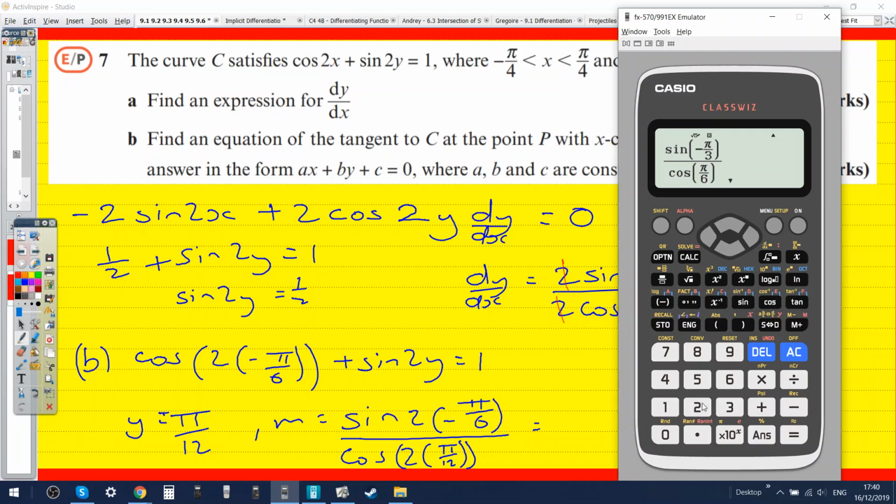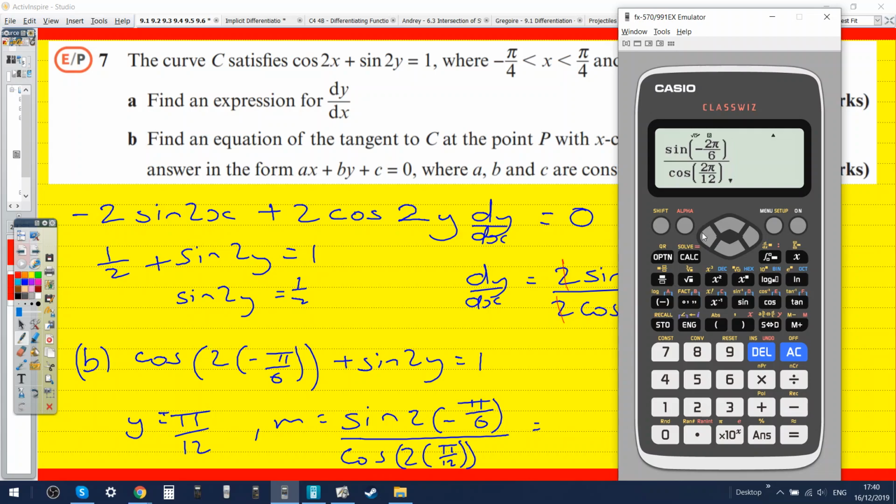So I'll change it to 2 pi over 6, and it'll give me the same thing. And I'll change the bottom to 2 pi over 12, and it'll give me the same thing. Well, I didn't get minus 1. Why? I did the same thing.